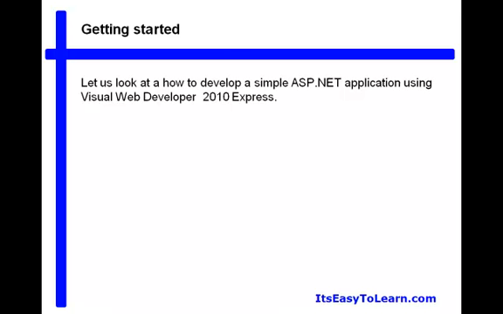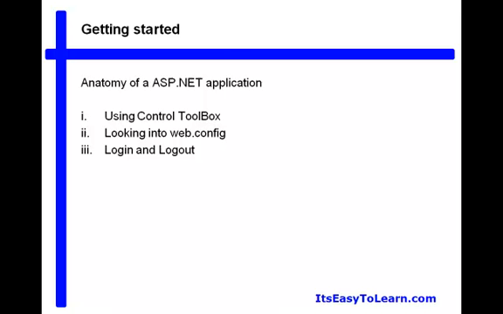So let's get started. Let us look at how to develop a simple ASP.NET application using Visual Web Developer 2010 Express. Let me bring up Visual Studio Web Developer from my start menu.